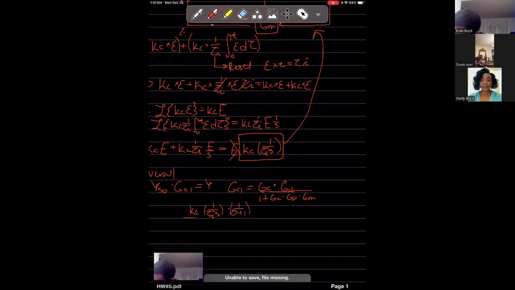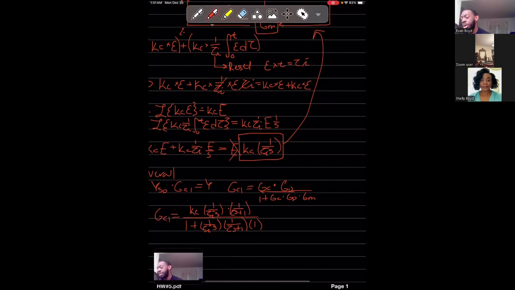Okay. Divided by 1 plus, and then the same in the bottom, Kc of 1 over tau I S, and then 1 over tau S plus 1, and then just 1. Okay. This is our closed loop transfer function.